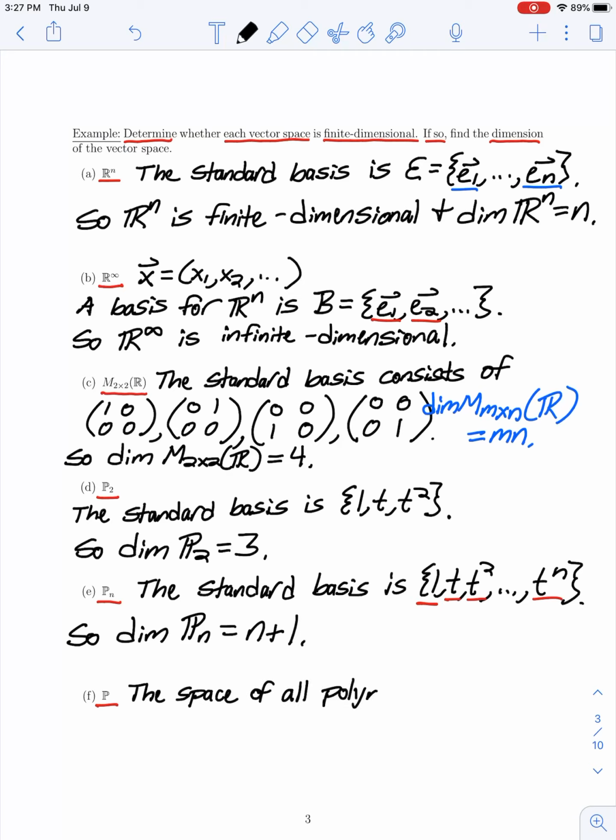Since there is no limit on the degree of the polynomial here, we would have an infinite basis, or a basis consisting of infinitely many vectors. So this space of all polynomials is infinite dimensional.